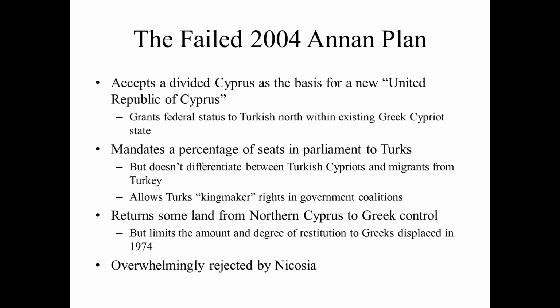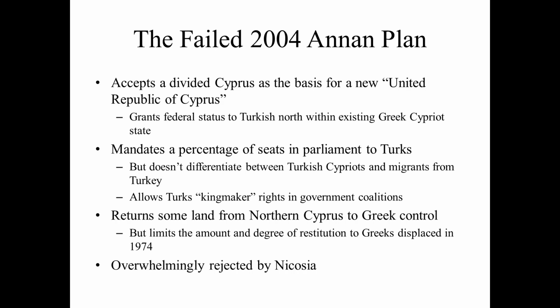Without dismantling the institutional functions of the Turkish part, which had existed for 30 years, the Turkish North would be granted federal status within an existing Greek Cypriot state. So in other words, the Turkish part would be kind of like its own localized autonomous province. Okay?